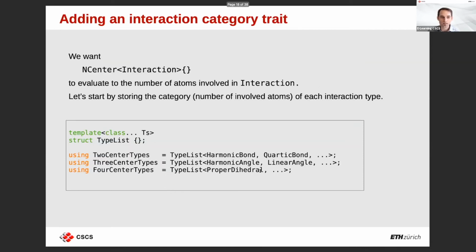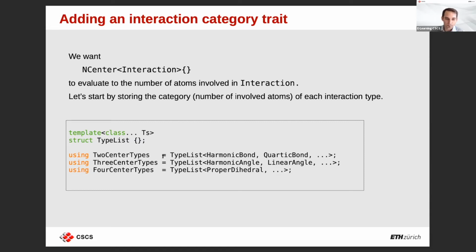And we also ideally want to store that information only once: how many of these interaction centers are involved for a given type. One way that you can do this in C++ is to just list your concrete types, say harmonic bonds, quadratic bonds, angles, dihedrals, and so on.